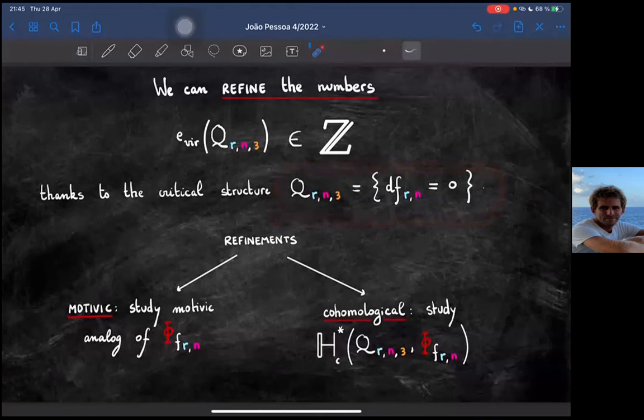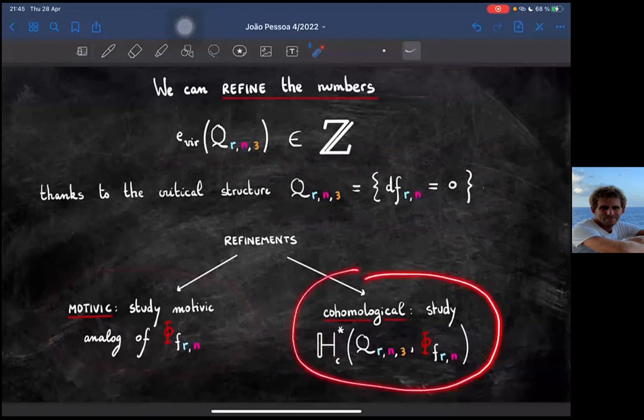So this description is the starting point of our ability to refine these numbers. There are many refinements, but for the sake of this talk, I will only describe 2. One is motivic refinement, and another one is cohomological refinement.